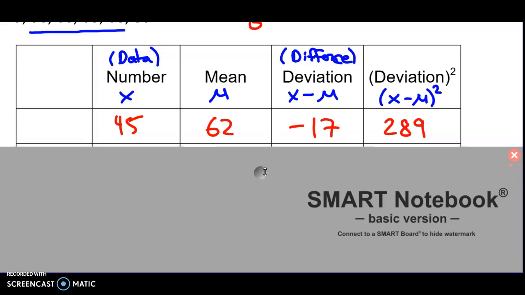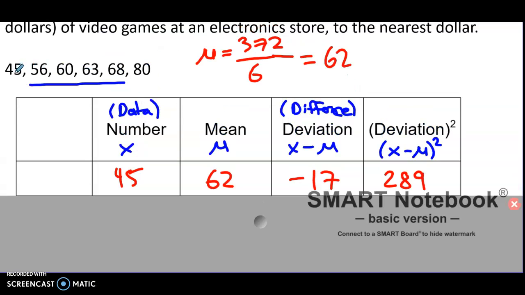All right, let's look at the first one. So our first data point is 45, so you fill that in. We know the mean, so the mean is going to be the same for each of these numbers, or each of these columns, okay, so 62. Then we take x subtract mu, so 45 subtract 62 is negative 17.